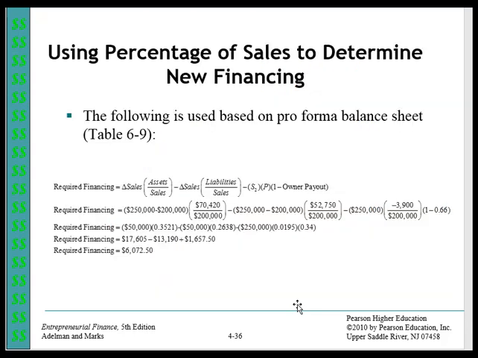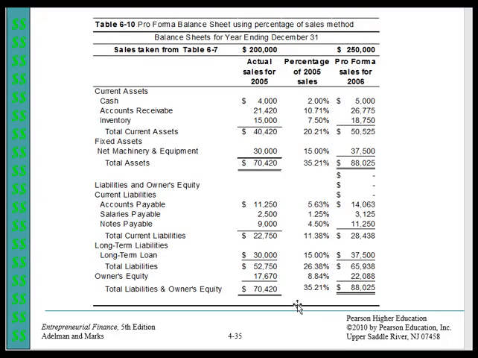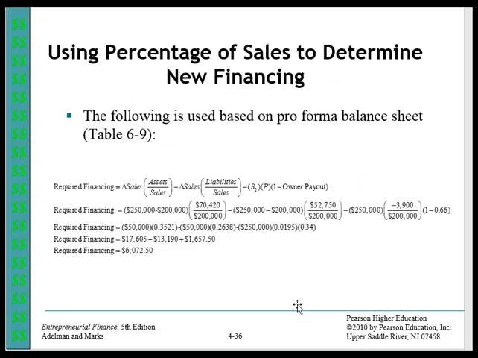Now, it's not really as simple as that. But in the end, what we're really looking for is we're trying to find out how much cash we need for the company. So if you look at this formula, the required financing is the percentage of sales that we need multiplied by assets divided by sales.